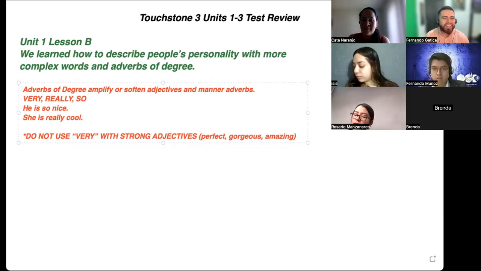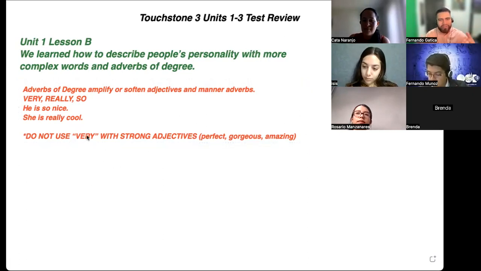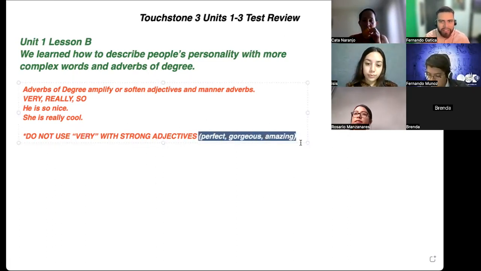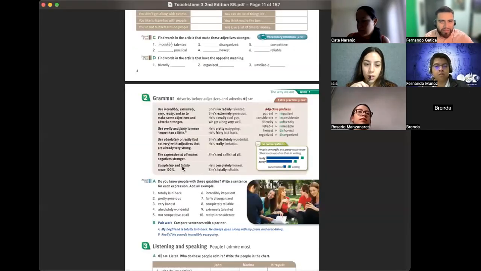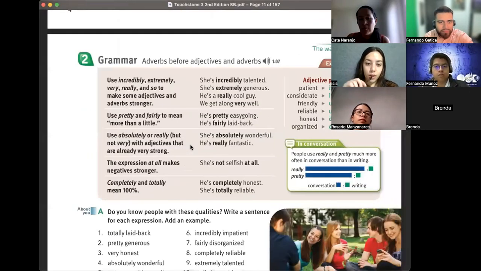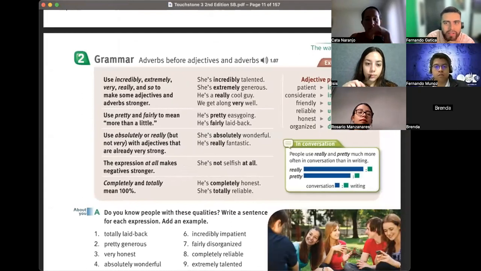But in English, the word very is just so elementary. It doesn't deserve to go with words like perfect, gorgeous, and amazing. And of course, I don't say this, okay? This is not my rule. This is not my opinion. This is from the book from Cambridge University.